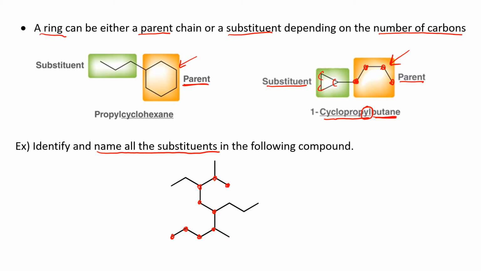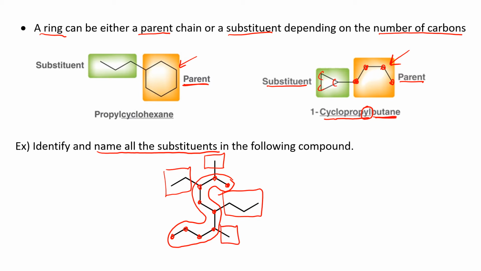That is also a carbon chain with 9 carbons. But this one has 1, 2, 3, 4 substituents. So remember, when we have an option of 2 carbon chains of the same length, you choose the one with the greater number of substituents, and that will be the correct parent chain.